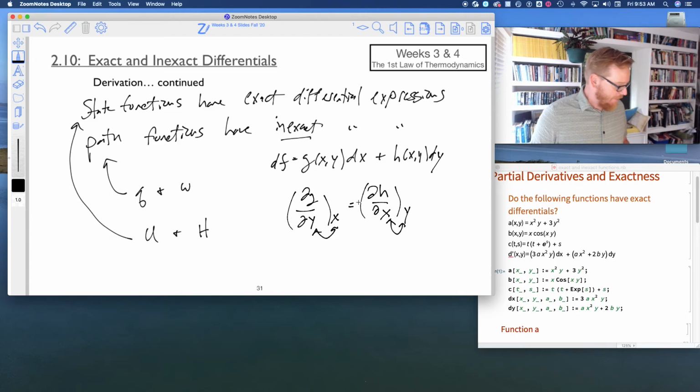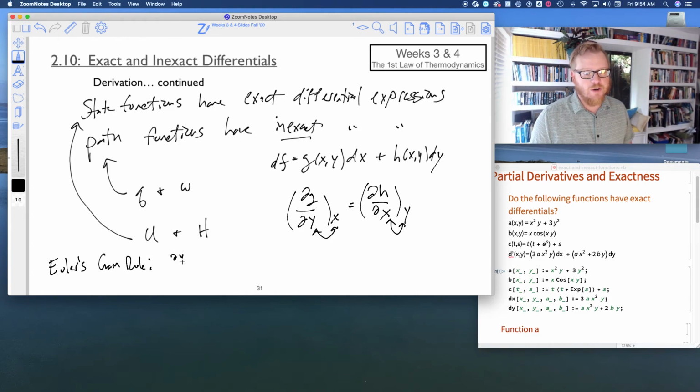Okay? And then finally, another test. There's a few more properties of partial derivatives that I want to make sure that we remember or are familiar with. There's Euler's chain rule.